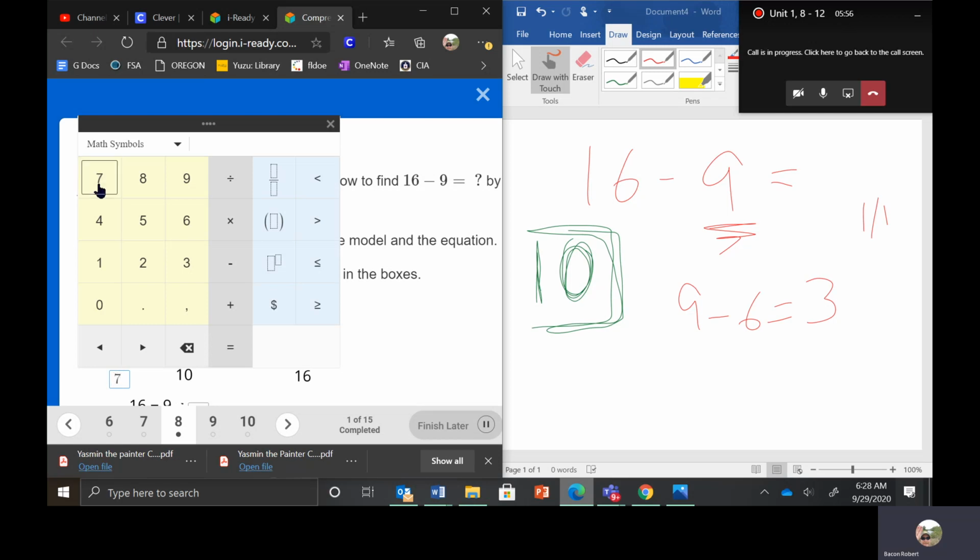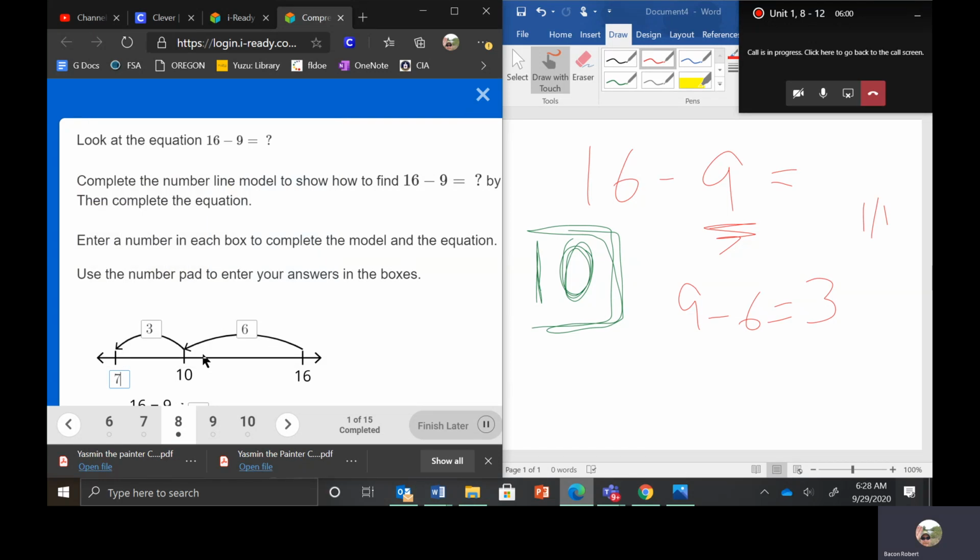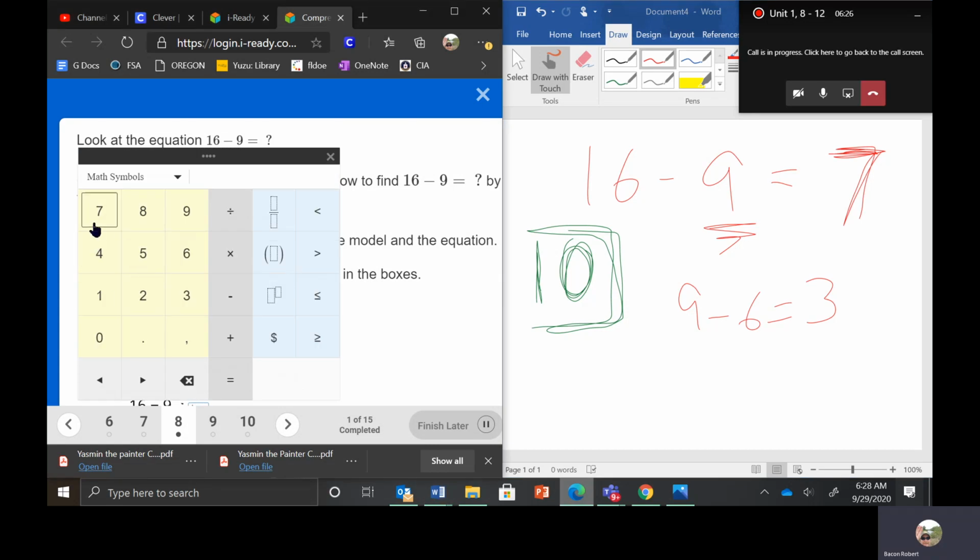Or I could do my slashes or circles. Or I could even make marks, 10, 9, 8, and then 7. So that means that for our total answer, we've got 16 take away 9 equals 7. And we were able to find that by using our number line and counting down.